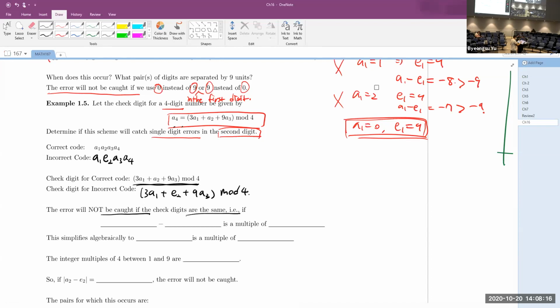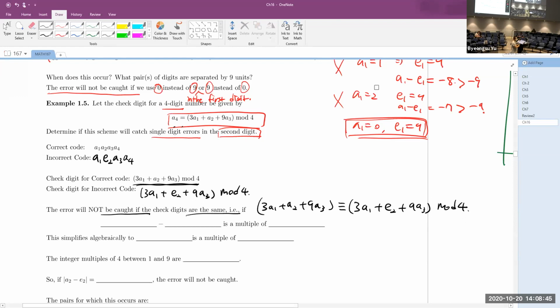So if this 3A1 plus A2 plus 9A3 mod 4 is congruent with 3A1 plus E2 plus 9A3 mod 4, right?